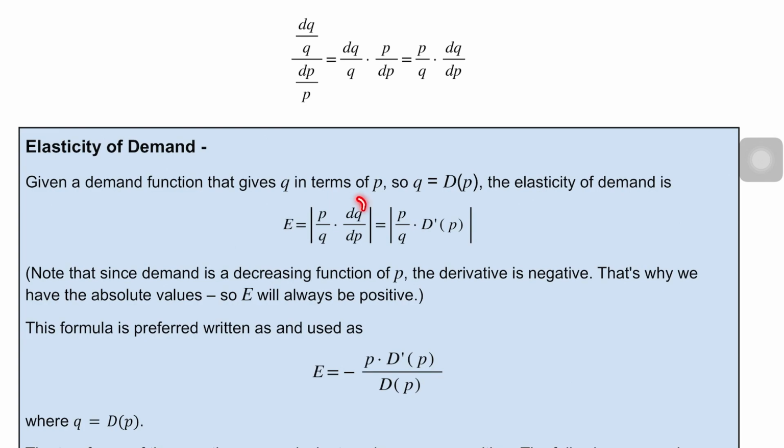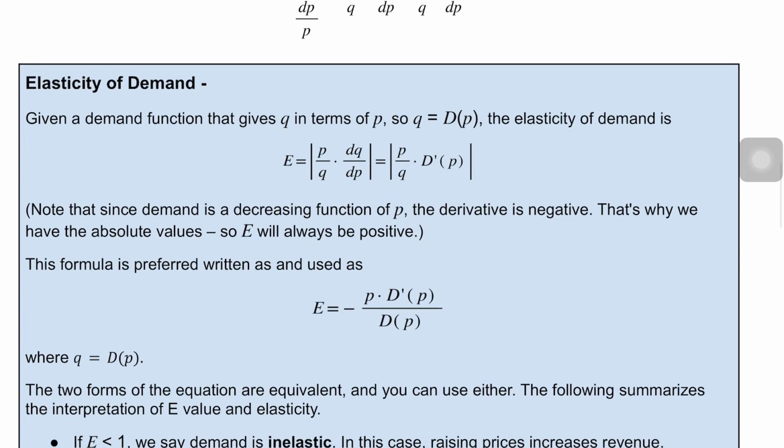And if you notice, this is the derivative of Q with respect to P, right? The derivative of Q, which is this, with respect to P. So that's that one right there. This is this right here. And then since we already know that Q equals the demand function, we can replace this with it.